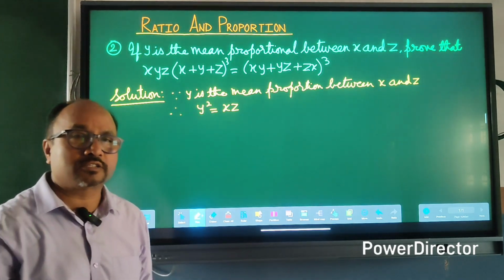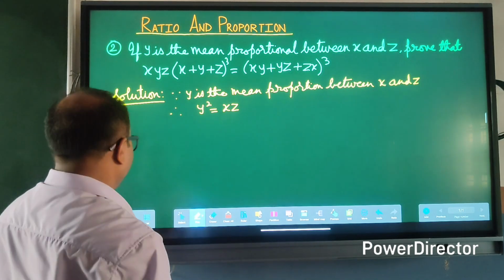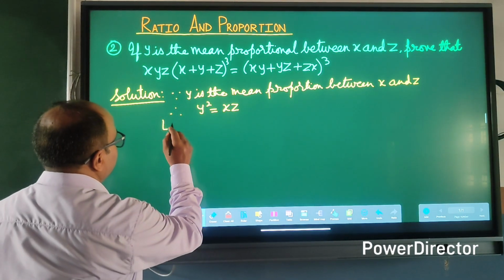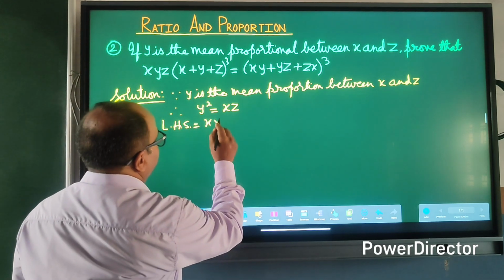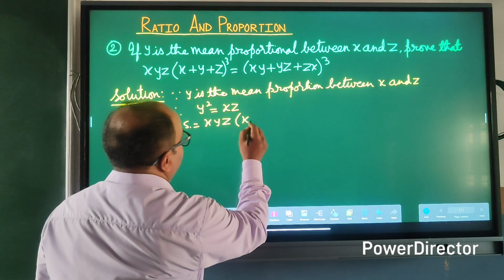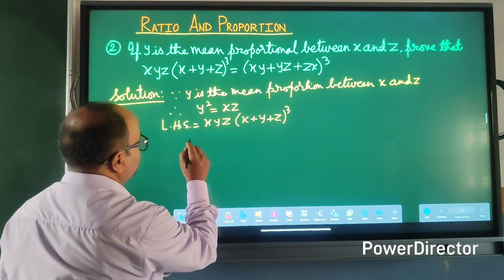Now this relationship will be made use of while working out the sum. So we take the LHS part, which is xyz into (x plus y plus z) whole cube.